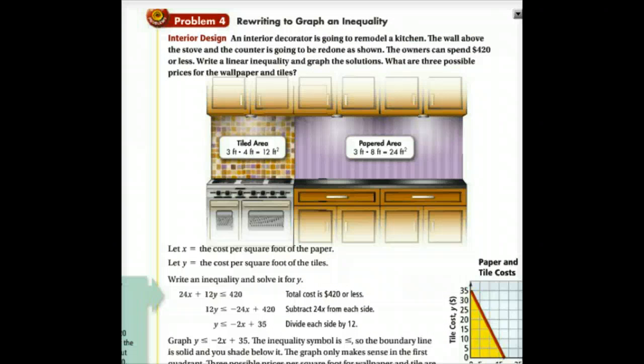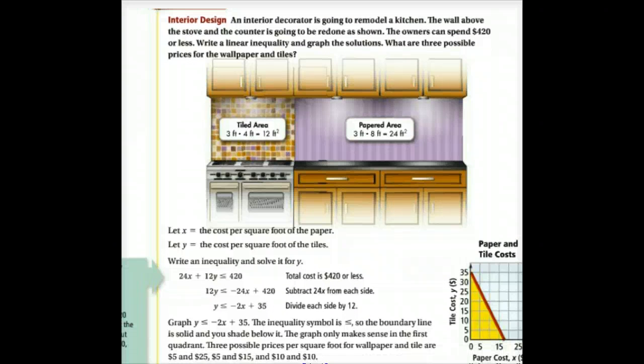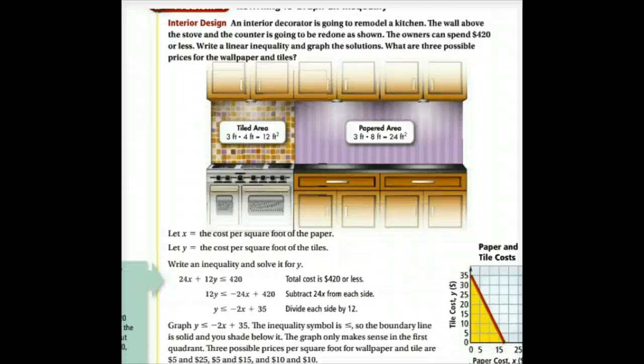All right, here's a word problem. An interior decorator is going to remodel a kitchen. The wall above the stove and the counter are going to be redone. The owners can spend $420 or less. Write a linear inequality and graph the solutions. So they used x as the cost per square foot of the wallpaper for this section, and y as the cost per square foot of the tiles.